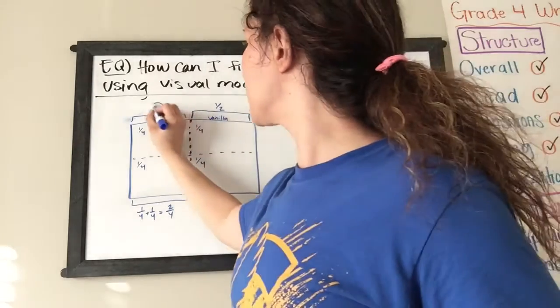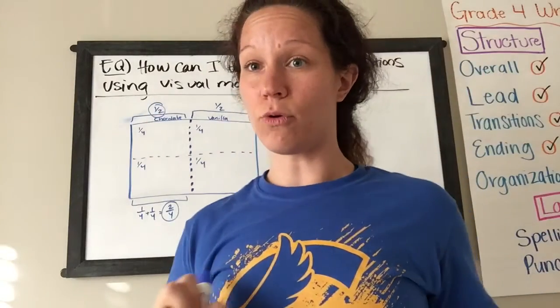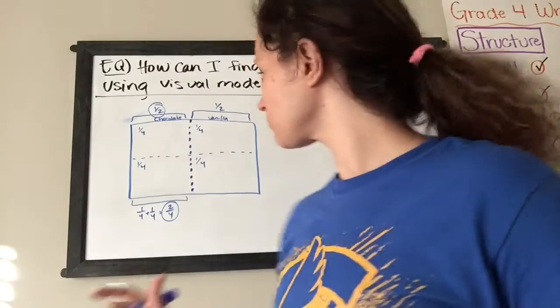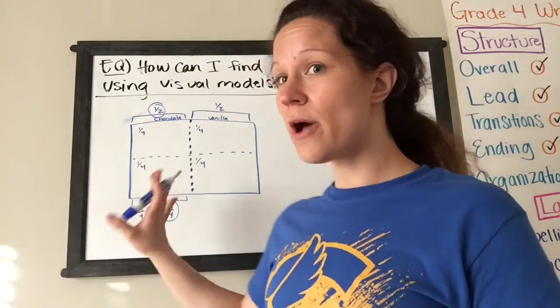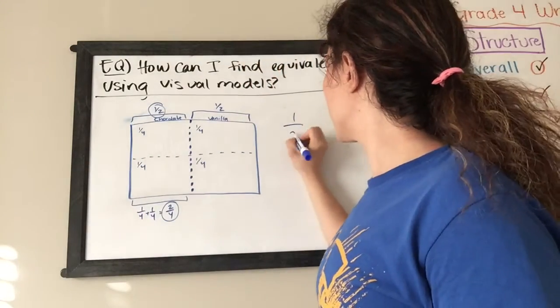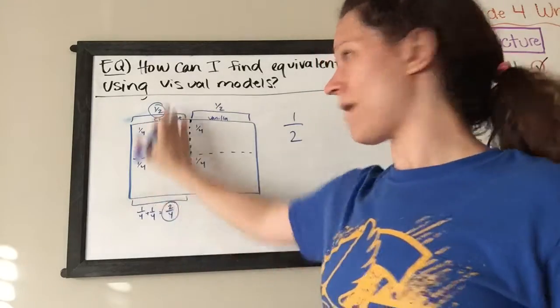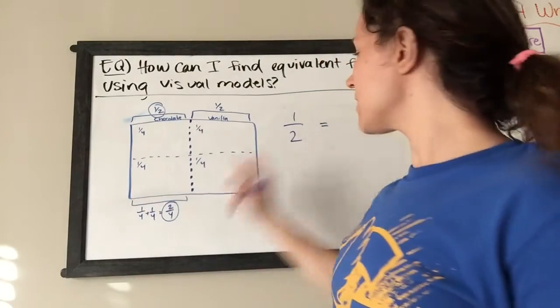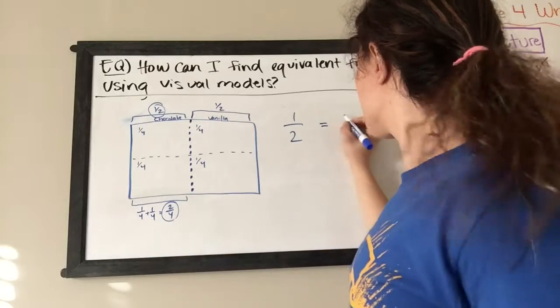So therefore, I can see that 1/2 is equal to 2/4. Okay, so if I know that, I can go ahead and write my equation out over here. 1/2, which we saw, half, is equal to 2/4.